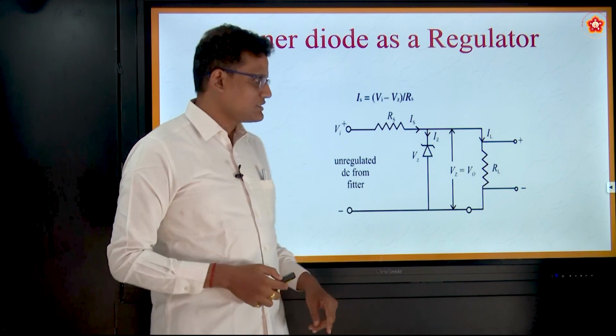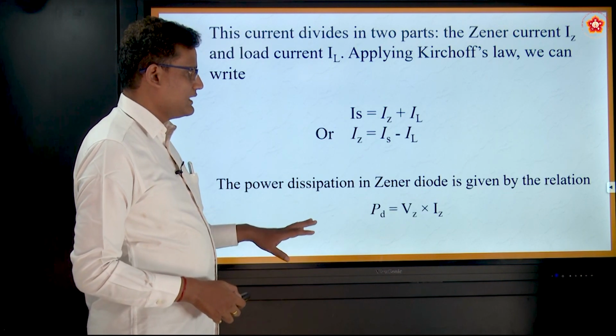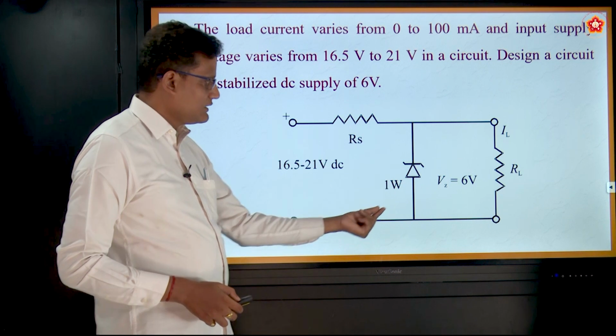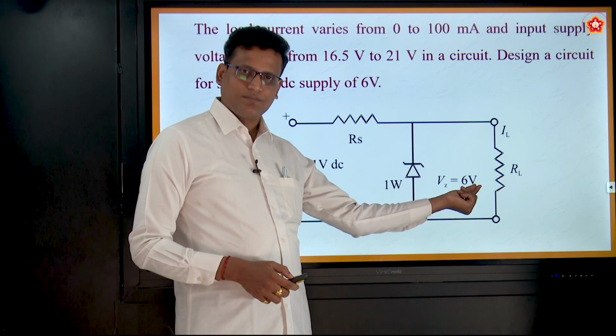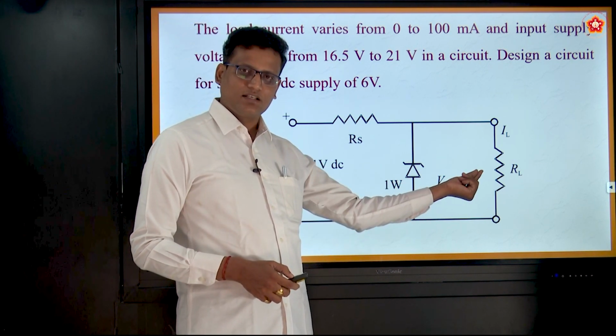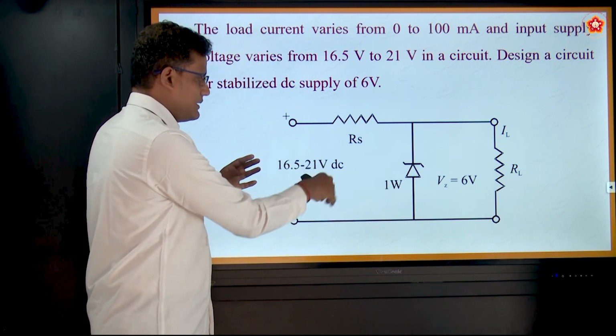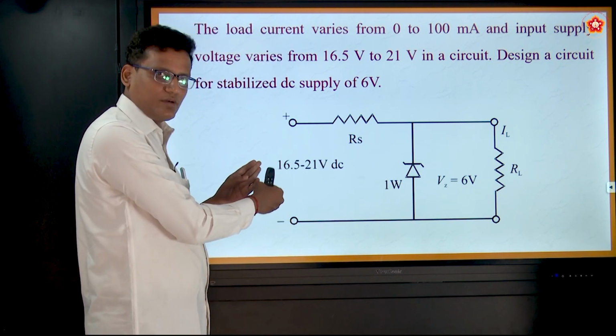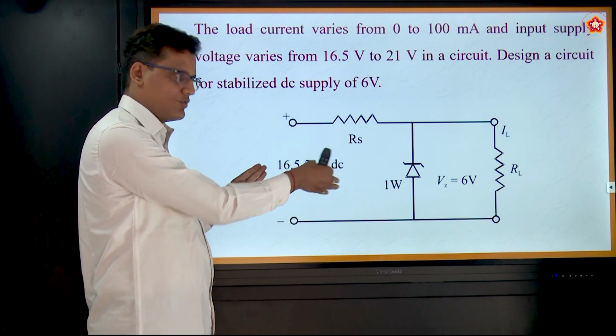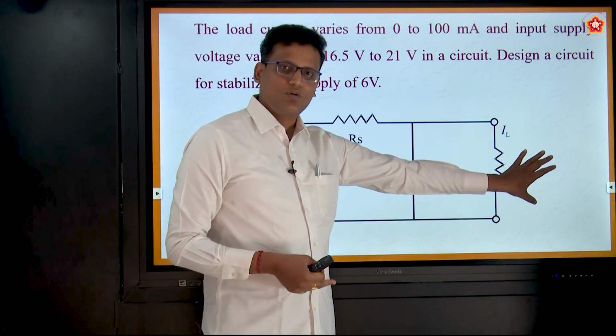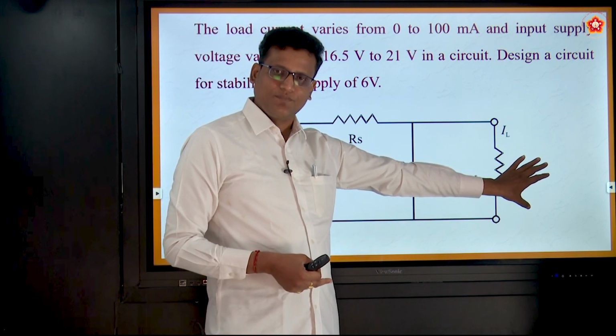For example, in the next circuit you can see that. Let me go to the circuit here. The Zener voltage is 6 volts. The Zener breakdown voltage is 6 volts. Whatever may be the fluctuating voltage we have from 16.5 volts to 21 volts, always the 6 volts is appearing across the RL.